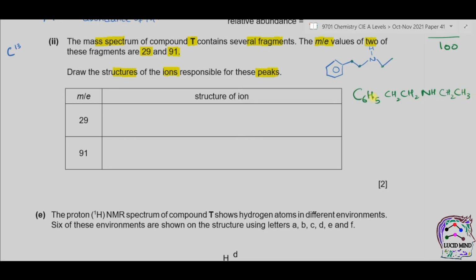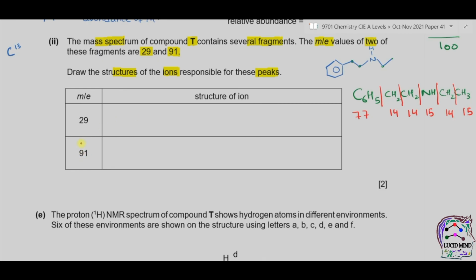Let's find the molecular masses of these portions. We have C6H5, 12 times 6 is 72, plus 5 is 77. We have 1 carbon, 2 hydrogen, so 12 plus 2 is 14, again 14. Nitrogen is 14 and hydrogen is 1, so 15, again 14 and 15.